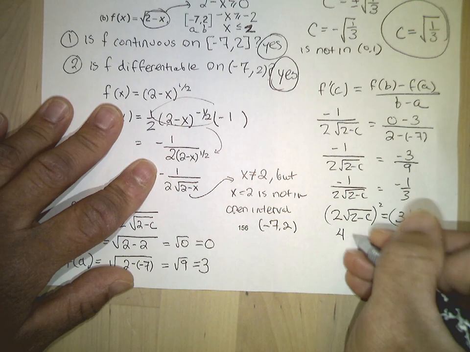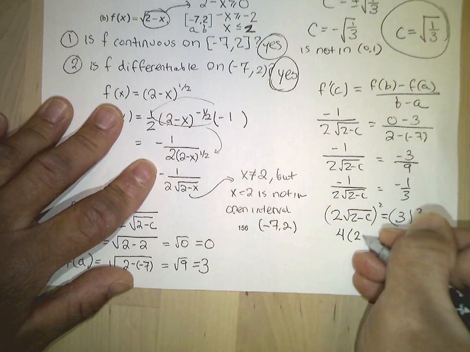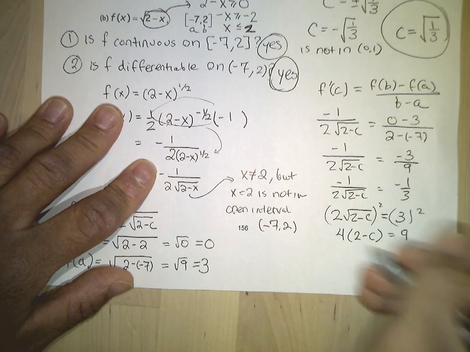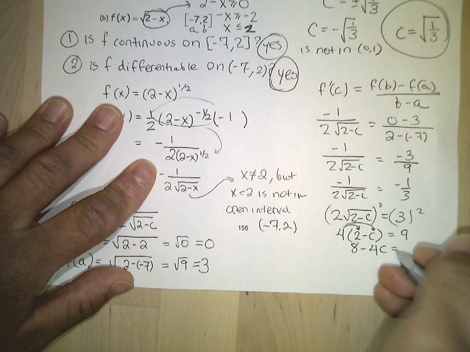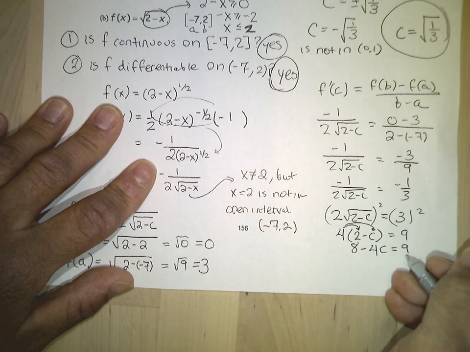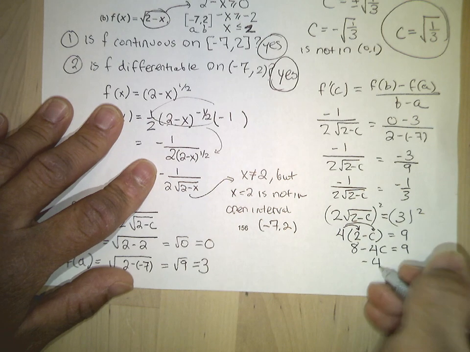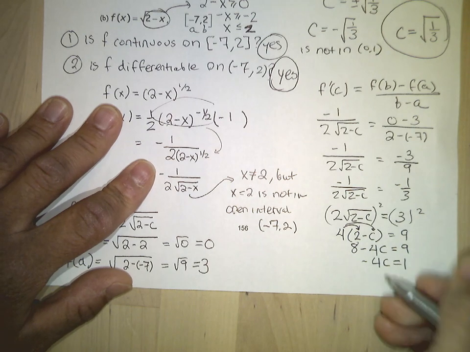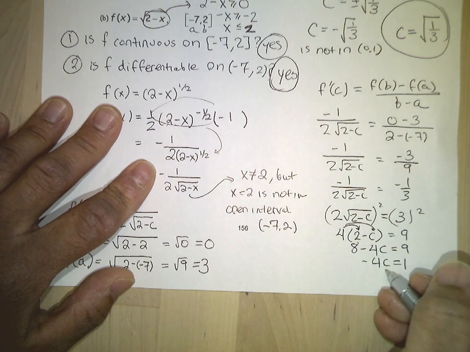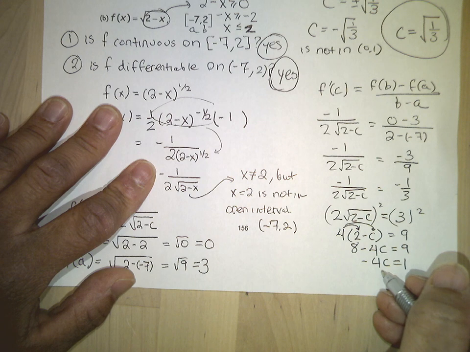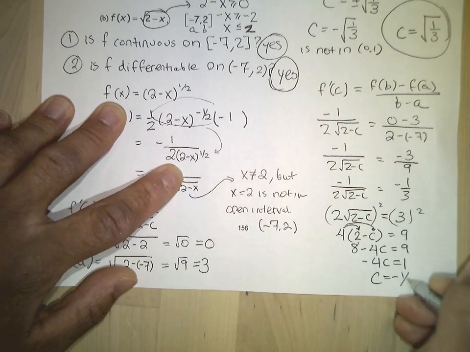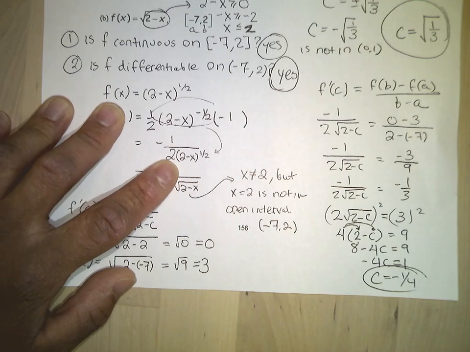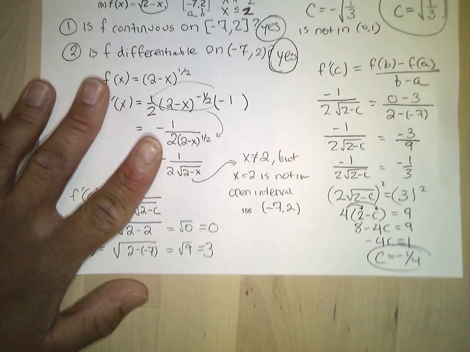Square root of 2 minus c squared is 2 minus c, and 3 squared is 9. Distribute the 4. So 8 minus 4c is 9. Subtract the 8 to get -4c is 1. And then divide by, let's see, what is it? -4, so c is -1/4. And there you go. That is the solution.